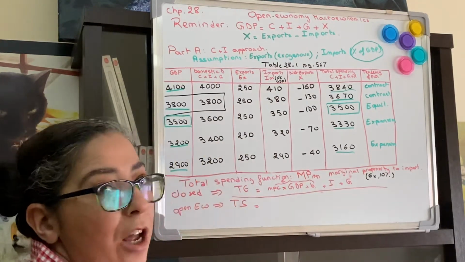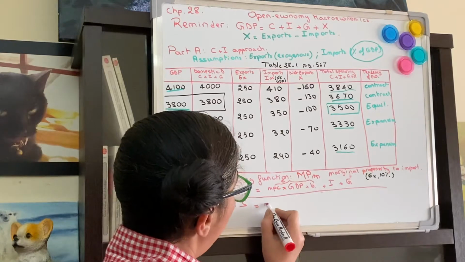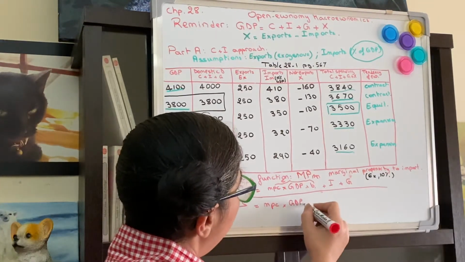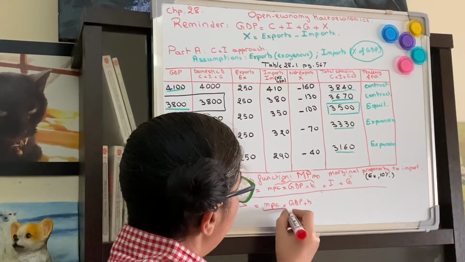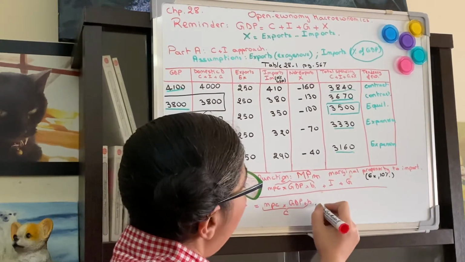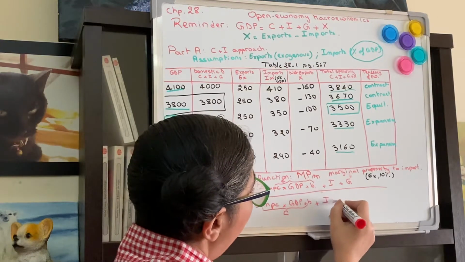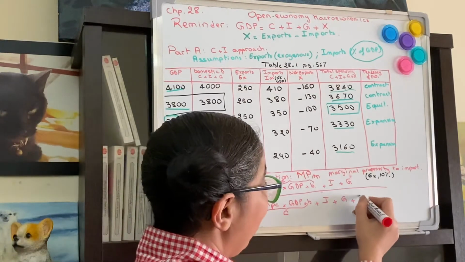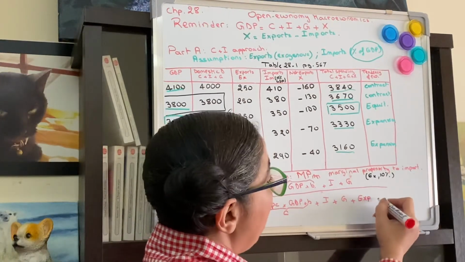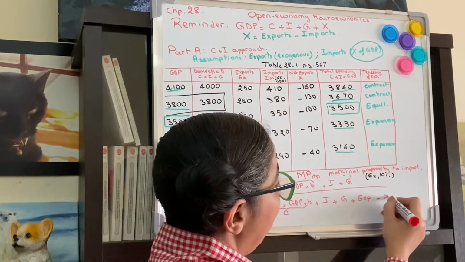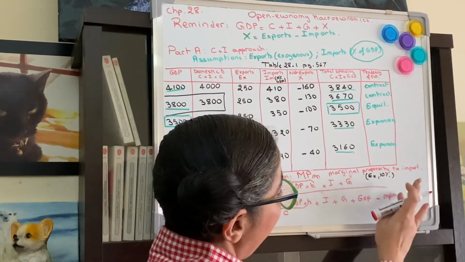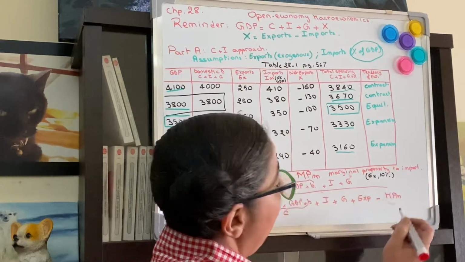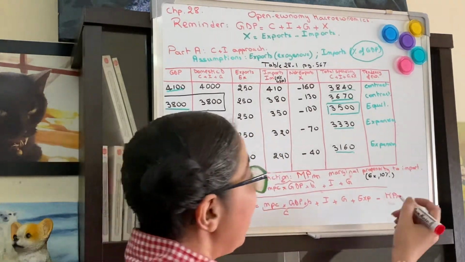Now in an open economy, you're still gonna have your C, so MPC times GDP plus your constant B that you find, that was your consumption, plus I plus G plus exports minus MPM, I'm sorry, it's big M, MPM, the marginal propensity to import, times GDP.